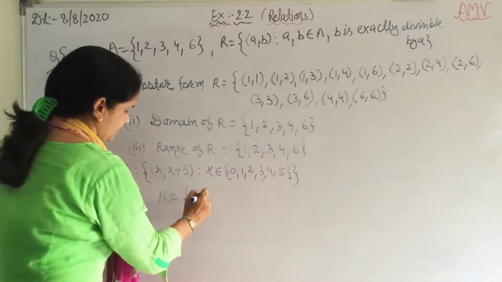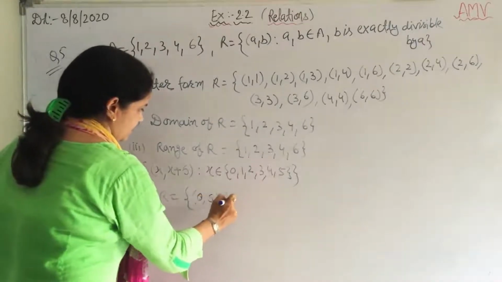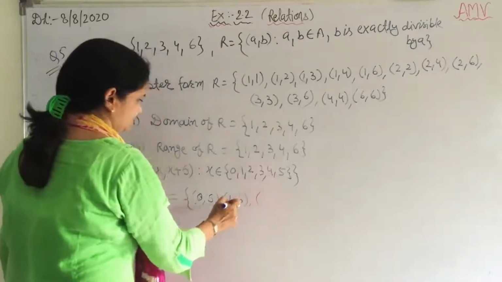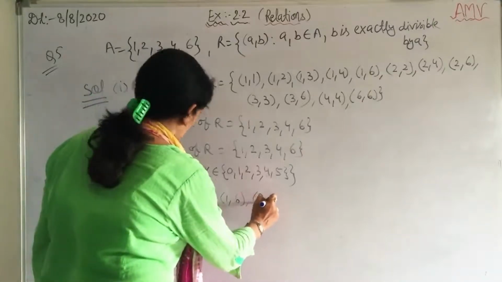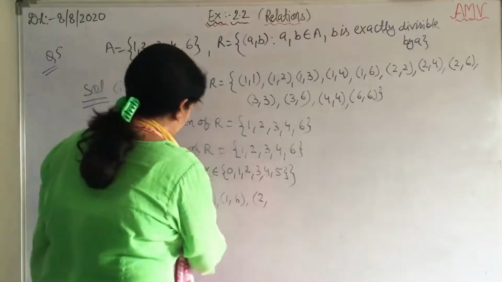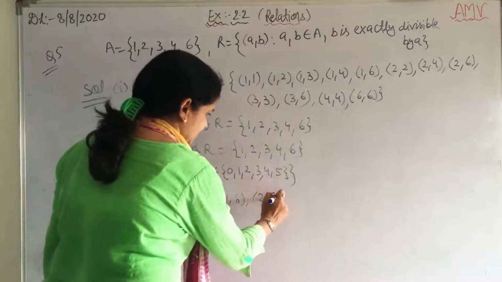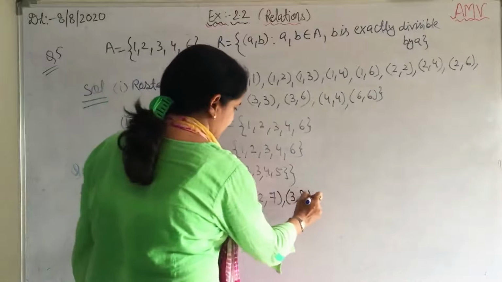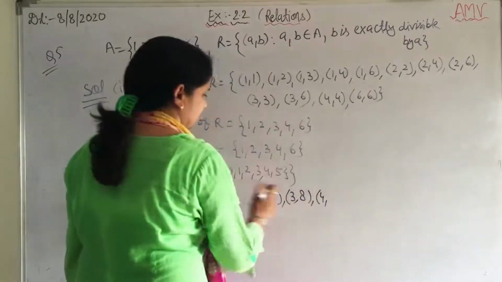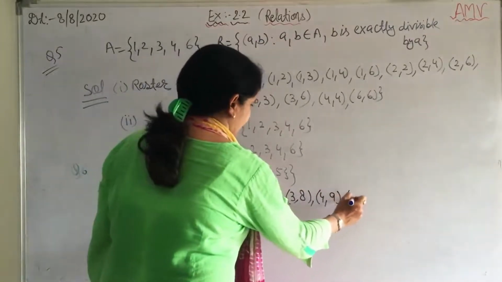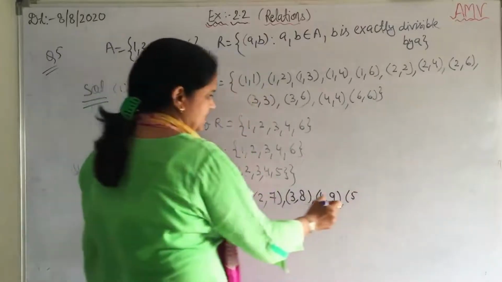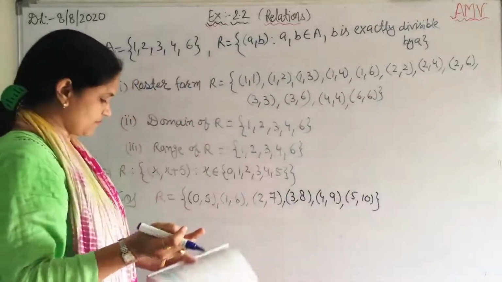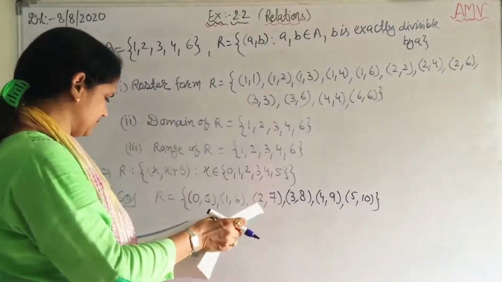0 relates to 5. 1 relates to 6. Next, 2 plus 5 is 7. Now 3 plus 5 is 8, and 4 plus 5 is 9. And take 5 plus 5, it is 10. Now we have to find the domain and range.